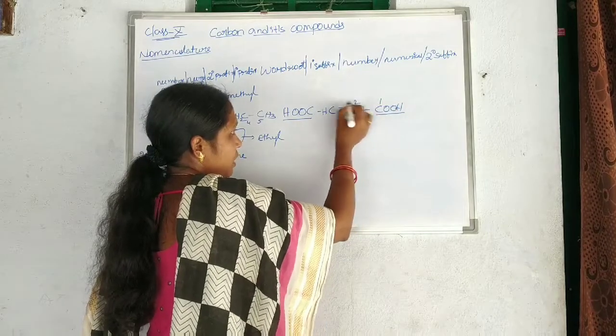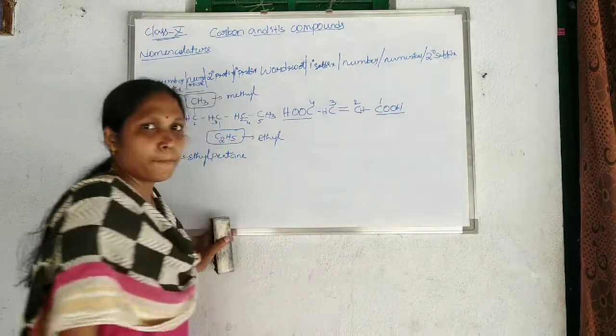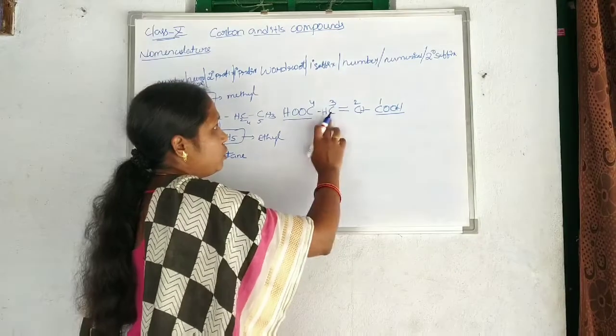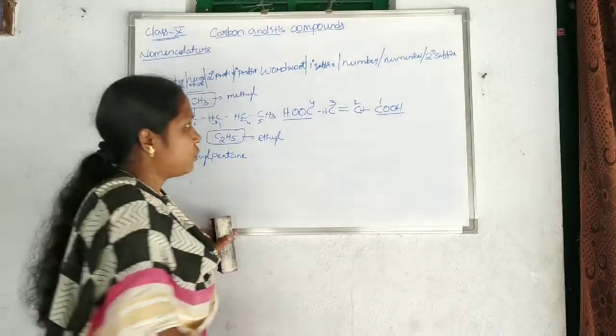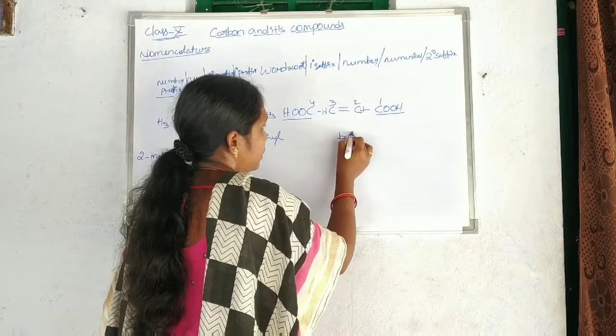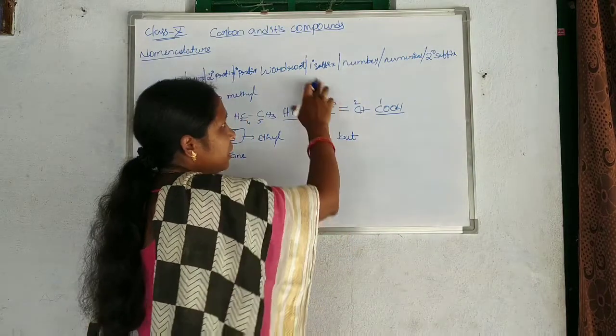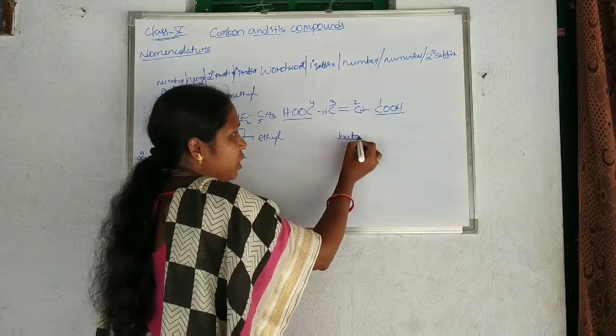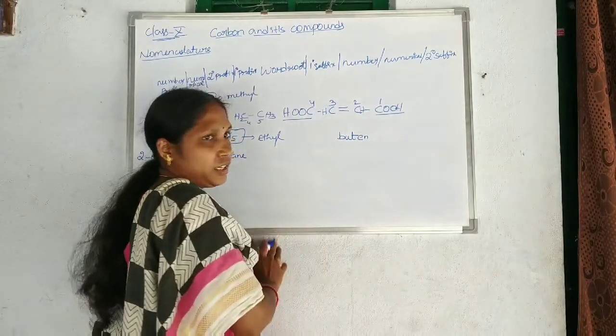Give a numbering: 1, 2, 3, 4. So here the root word is but. And here the primary suffix: a double bond is there, so that's why we use en.